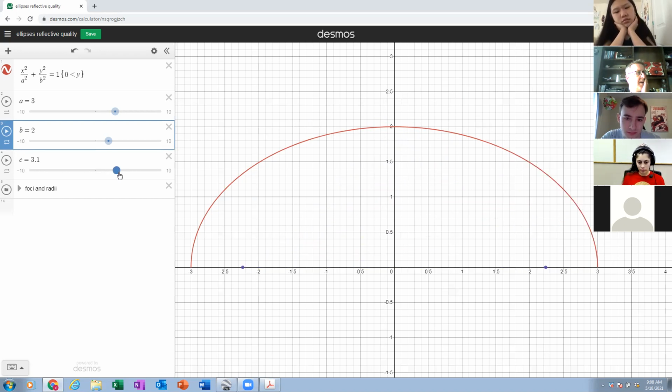When it's laying right there, right on the edge, I lost it. Where is it? Right there. You should be able to tell me how long that string is now. Doesn't it go from this focus all the way, bam, hits the side of the ellipse, and then it goes back to that focus again?